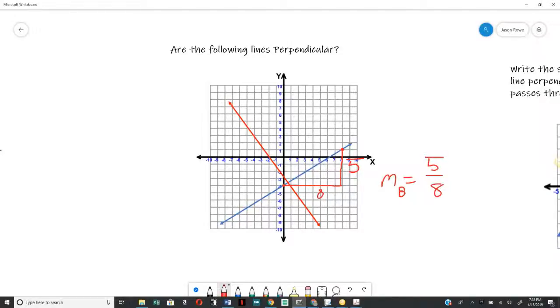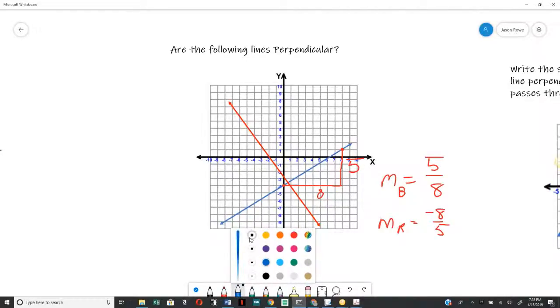So in order for these two to be perpendicular, the slope of the red line would have to be -8/5. If it's not -8/5, then we know these are not perpendicular. So let's see if we can find two good points on the red line. On the red line, it looks like (2, 0) is a good point right there.